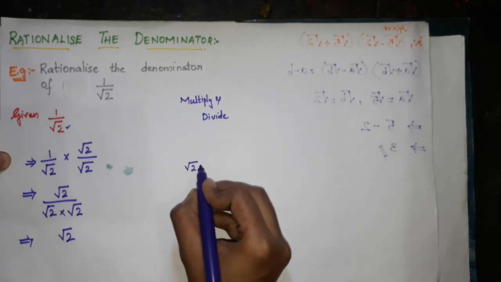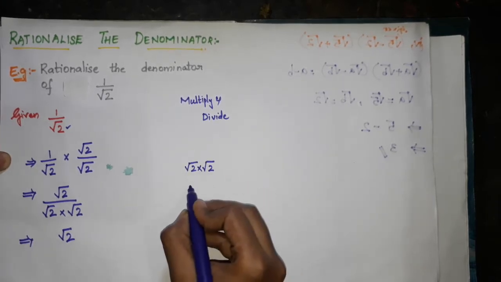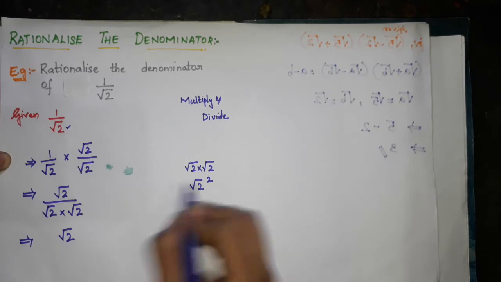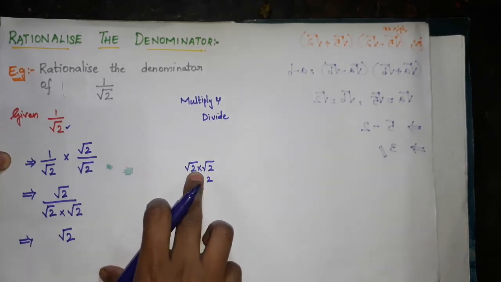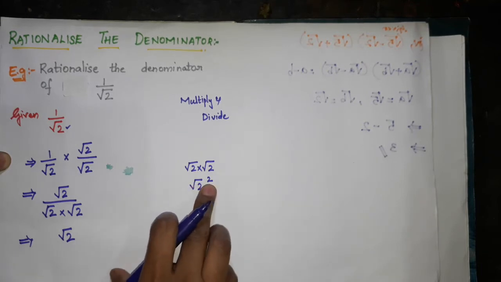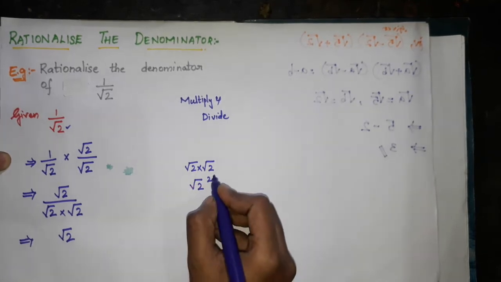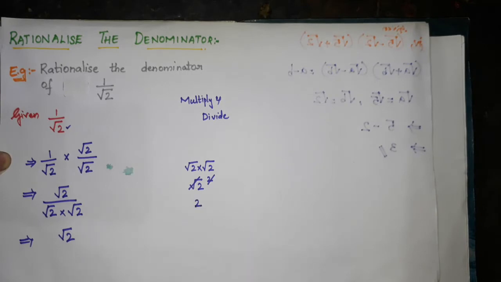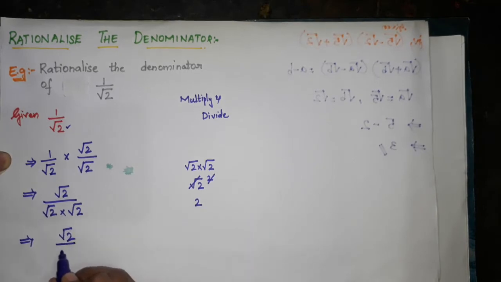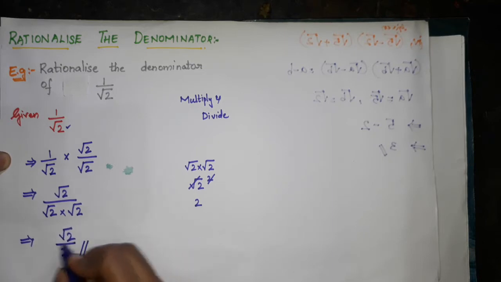I can write it as root 2 square, because root 2 is 2 times, and times is nothing but into, right? So times we can write as square. So square and root get cancelled. What is the answer? The answer is 2. So I can write divided by 2. So this is our answer, that is root 2 by 2.